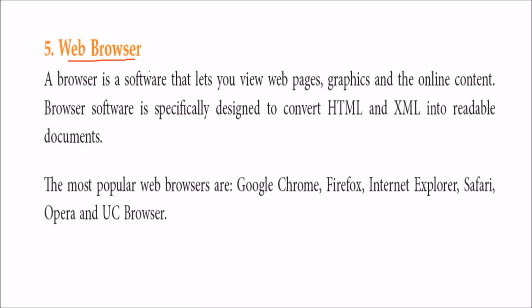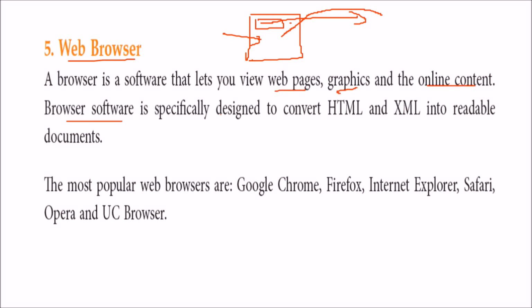What is a web browser? A browser is an application. It is a software. Now this browser has an address bar. Here you put the address, press enter, and this will connect to the web server. And then you get the website here. So a browser is software that lets you view web pages, graphics and online content. This browser software is specifically designed to convert HTML and XML into a readable format, meaning you can read it.